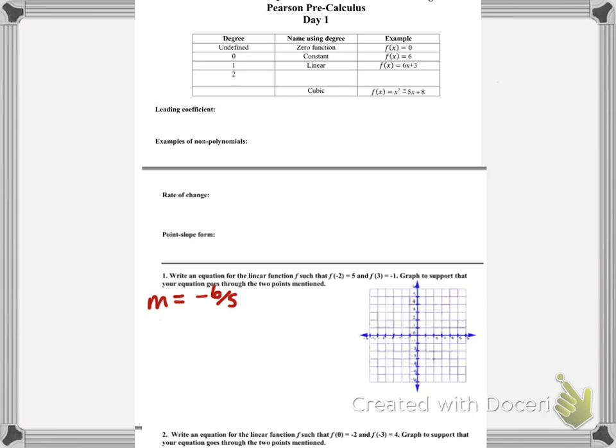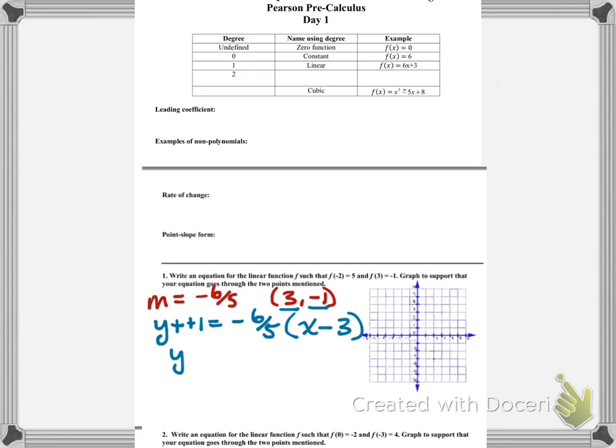So I'm going to pick 3, negative 1. Why? Because I feel like it. Then we're going to plug this into point-slope form. So you have y minus y1, which is here, equals our slope, and then x minus x1, which is there.